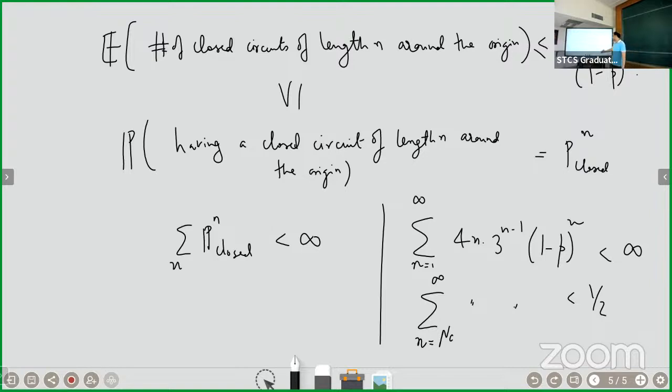So what you should really treat this sum as is the probability of having a closed circuit of any length greater than NC around the origin is less than half. That much is known. Now you have to worry about lengths NC and less. What can you say?